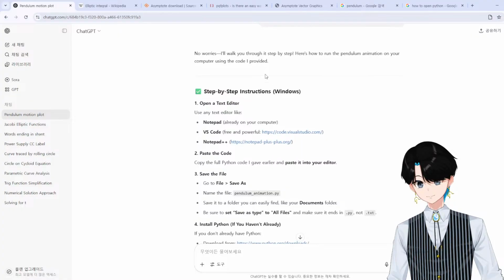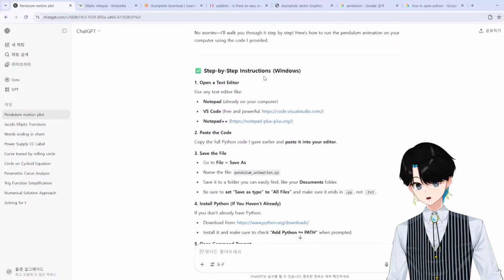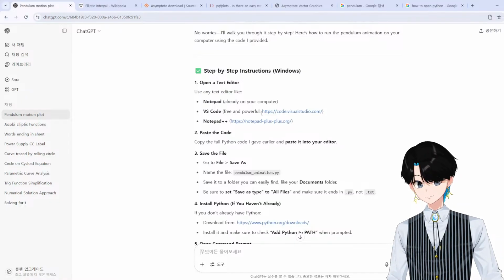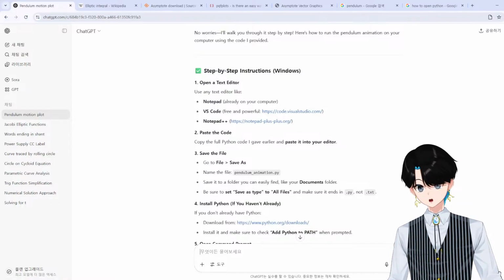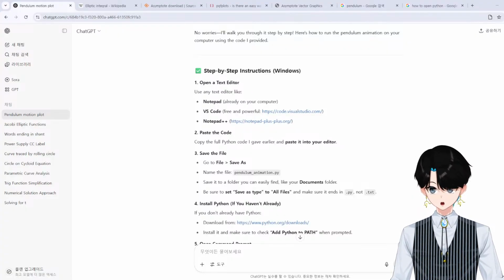Okay, step-by-step instructions. Windows. Open a text editor. Use any text editor like Notepad or VS Code. Oh, big and powerful, Notepad++. I'm just gonna get the good old Notepad right here.